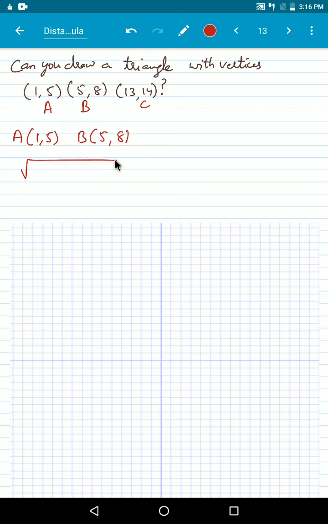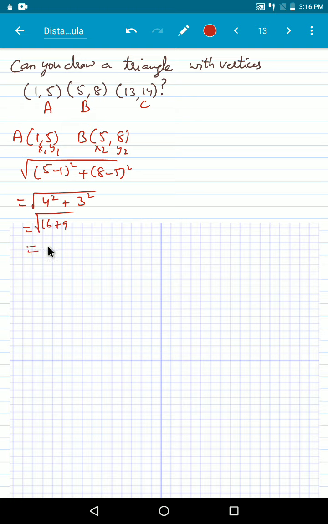Use distance formula to find AB. x1 y1 x2 y2. So this is (5 minus 1) whole square plus (8 minus 5) whole square. 5 minus 1 is 4, 8 minus 5 is 3. So this is 16 plus 9, root 25. It will be equal to 5. So one side is 5.